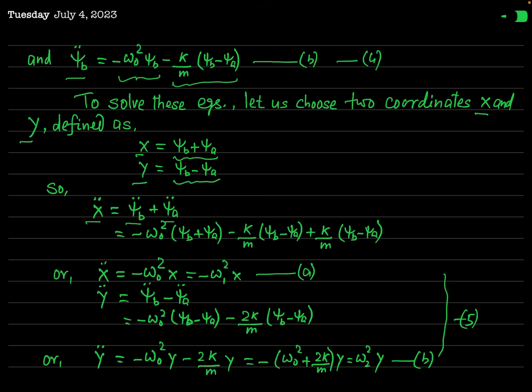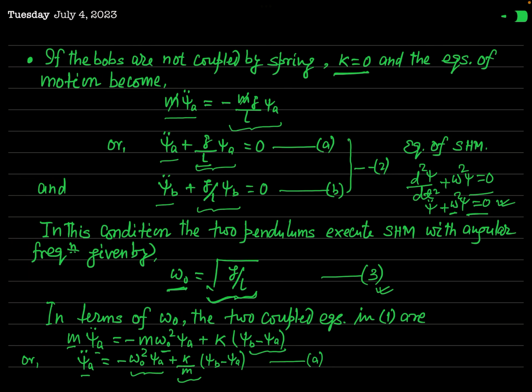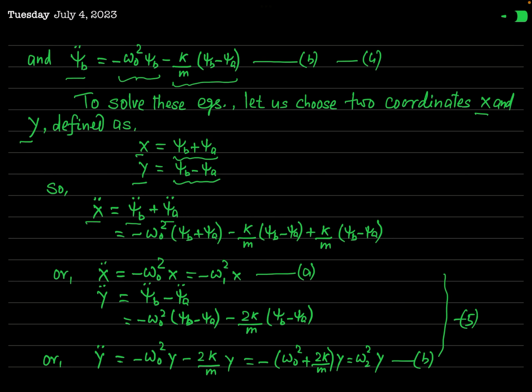Okay, but see the equation number 4. Here psi A double dot is defined, and here you can see psi B double dot is defined. So let us substitute the values of psi A double dot and psi B double dot from equation 4 here.